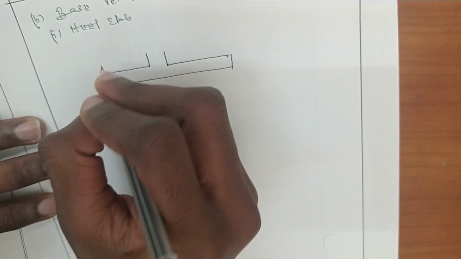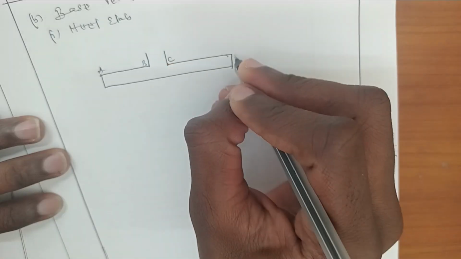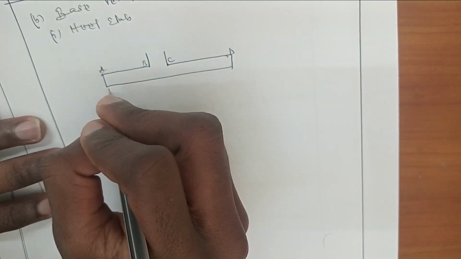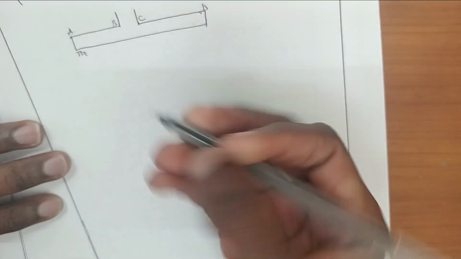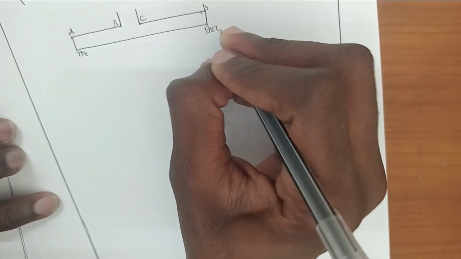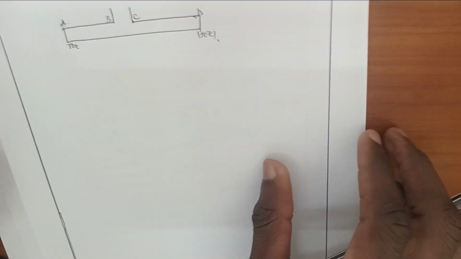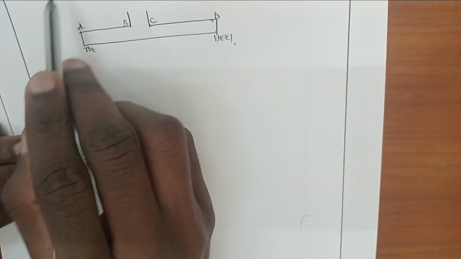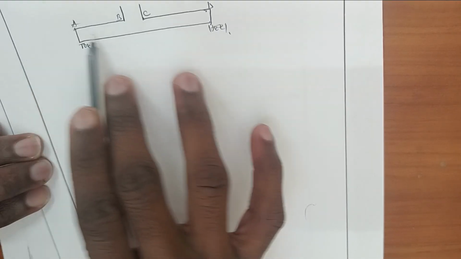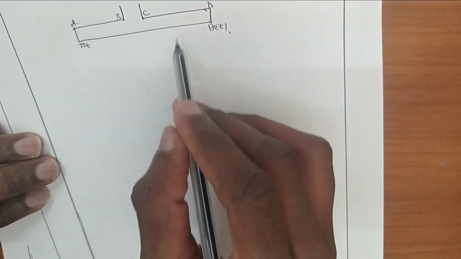Now let's say this is point A, point B, point C, point D. This is the toe, and this is the heel. In our case, we are going to design for the heel slab first, and after that we design for the toe slab.